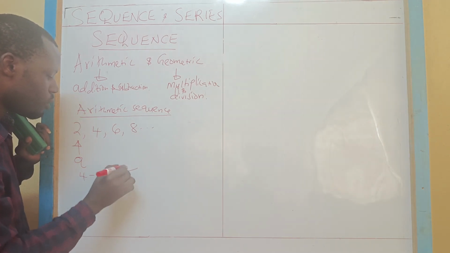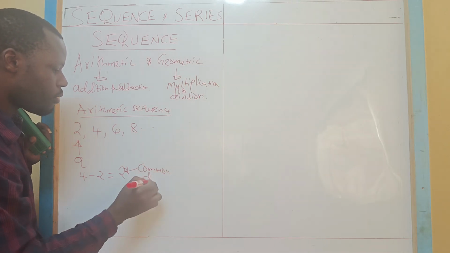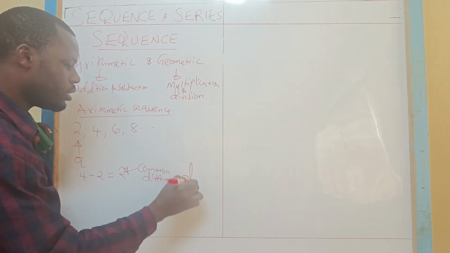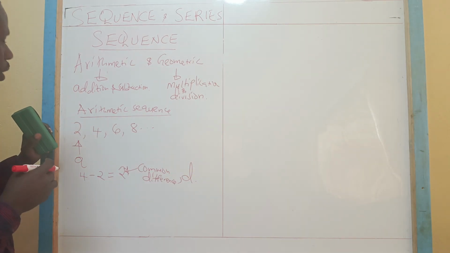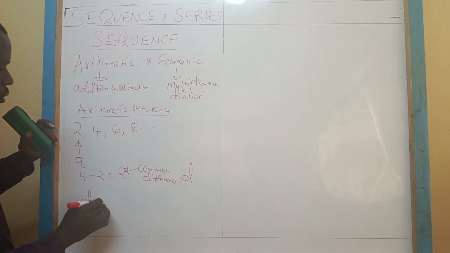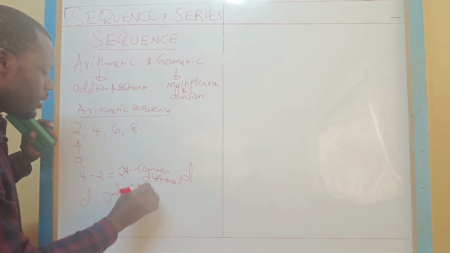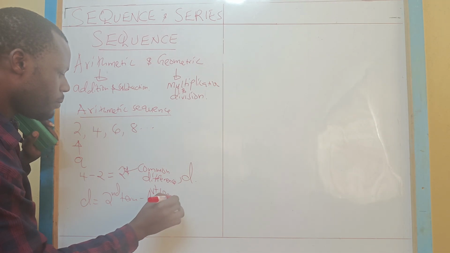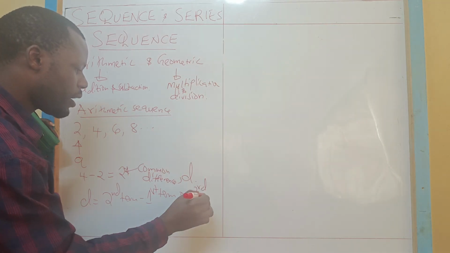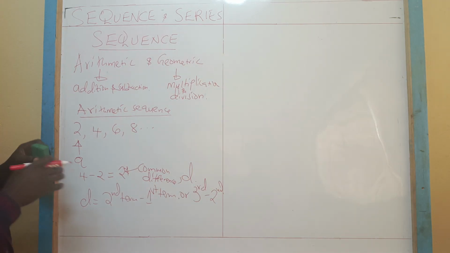When you subtract, you get 2 as our common difference, and we are using letter D. Therefore, to find D, you say it is second term minus first term, or third term minus second term. In that order, you find the common difference.